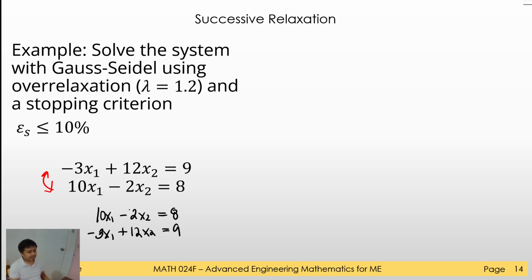So after doing that, we can formulate now the values of x1 and x2. So for x1, what is the value of x1? We have 8 minus, or sorry, plus 2x2 all over 10. And then for x2, we have 9 minus 12x2 all over negative 3.